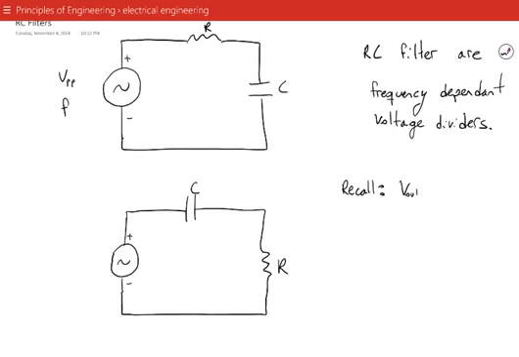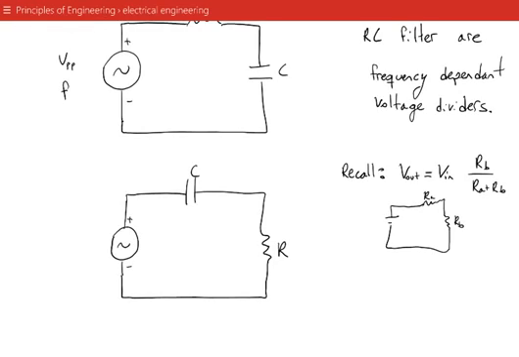If you remember, the voltage out for a voltage divider was equal to the voltage in times RB over RA plus RB, if I had a circuit that looked like this, where this is RA and this is RB.